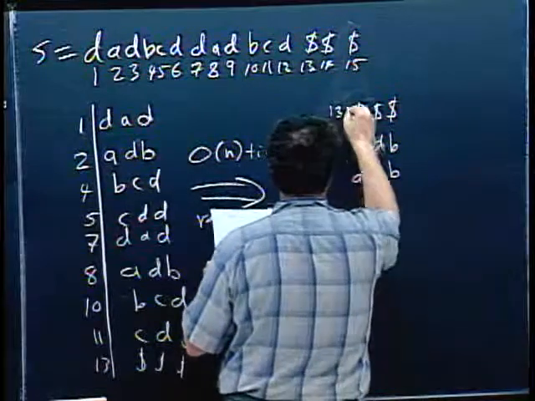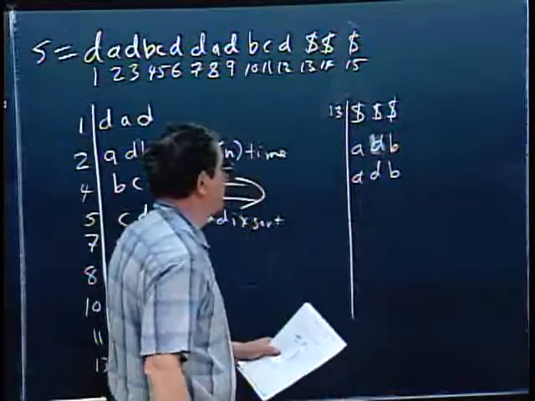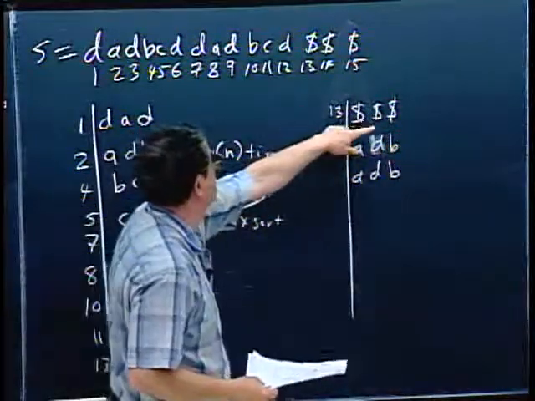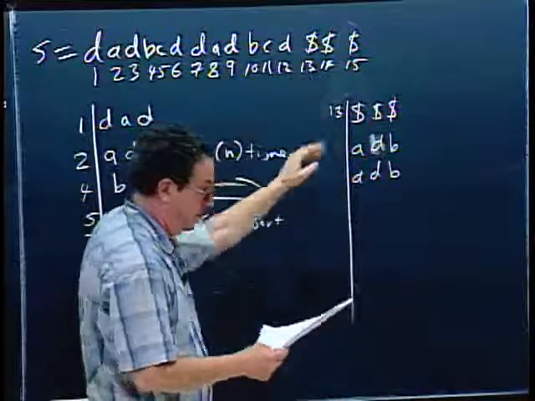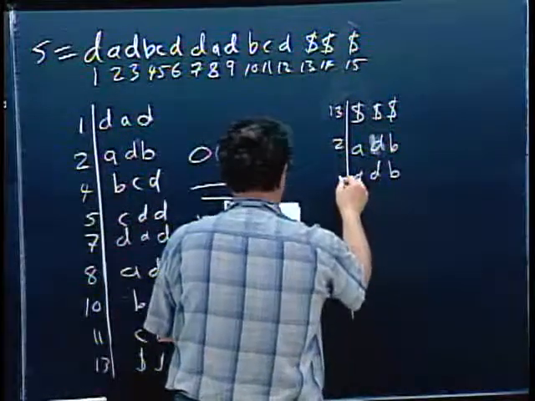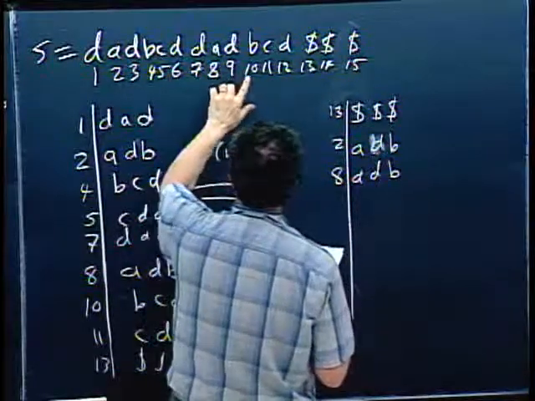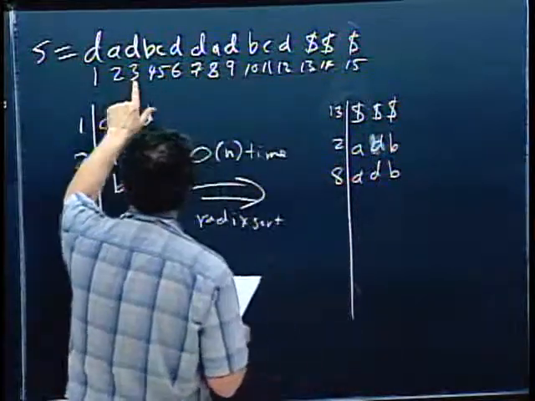What's written here are the positions where these actually begin in the string. So the triple of dollar signs begins at position 13, and then this ADB begins at position 2, and there's another one that begins at position 8. Yeah, ADB, and at position 2 is ADB.